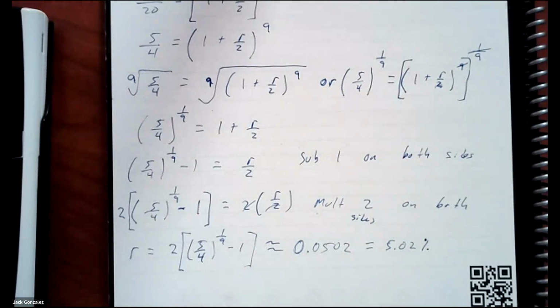So a 5% rate will get this done. It will make your money go from 2,000 to 2,500 in this time frame. So that was the original question: what is the rate that will make this grow?